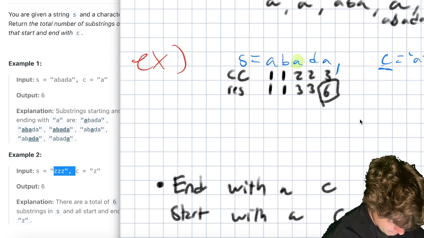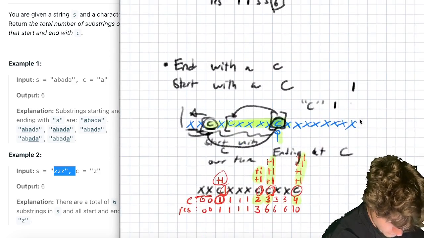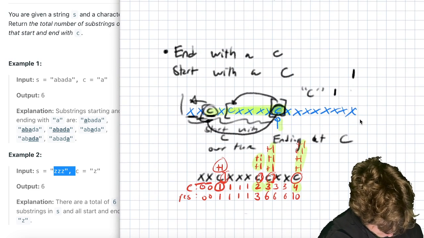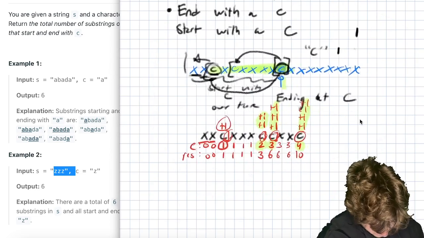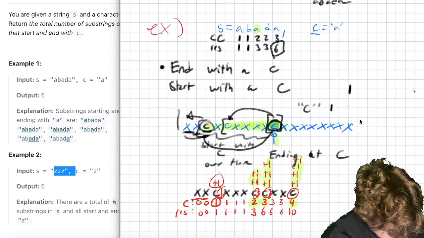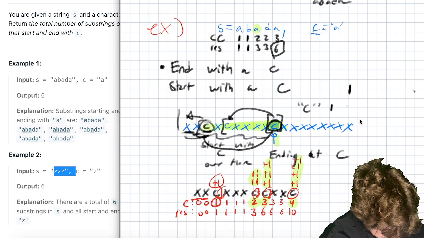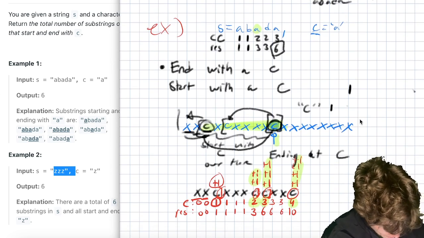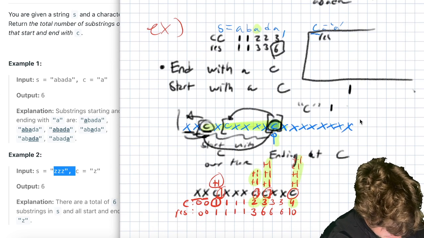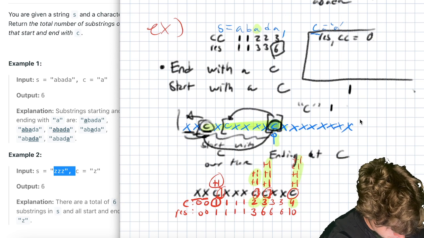Okay. So the code here then is only the following. All we got to do is make a little code block here. This is how easy it is. We'll have res and CC equaling 0 and 0.